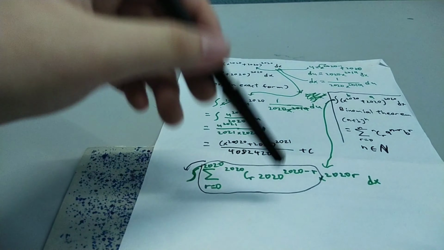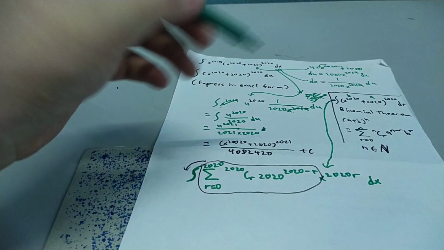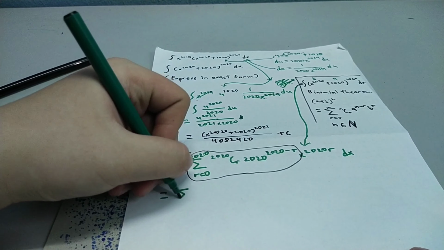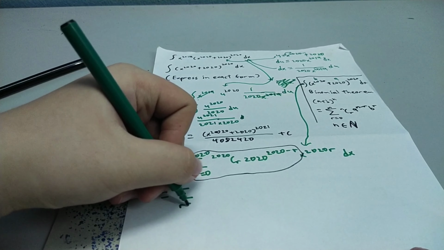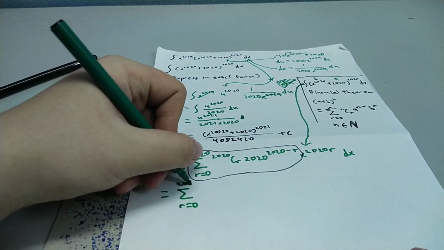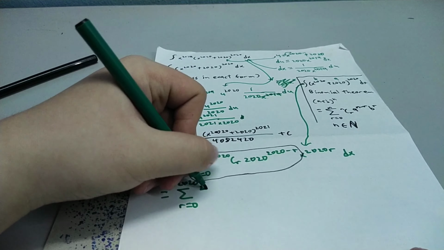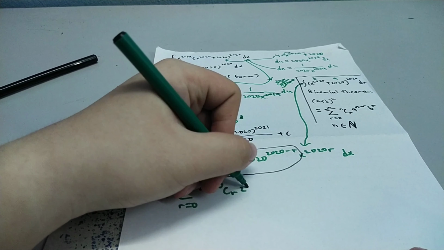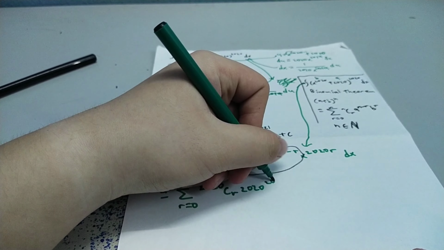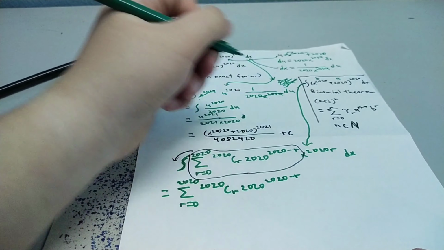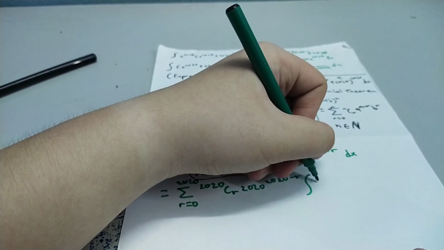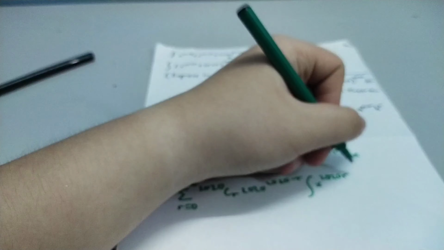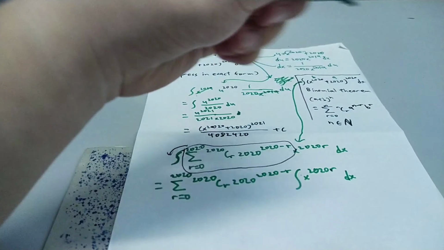So this integral is nicely equal to the sum of r goes from 0 to 2020 of 2020 choose r times 2020 to the power of 2020 minus r times the integral of x to the 2020th times r power dx.